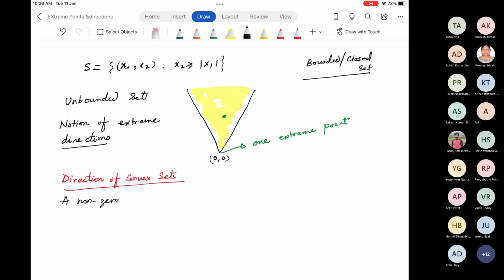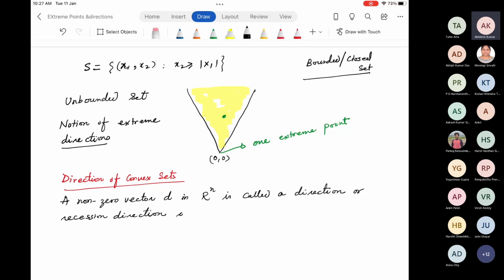A non-zero vector d in Rn is called a direction or a recession direction of S if, for S, always remember it is a convex set, for each x belonging to S, x plus lambda d belongs to S for all lambda greater than or equal to 0.